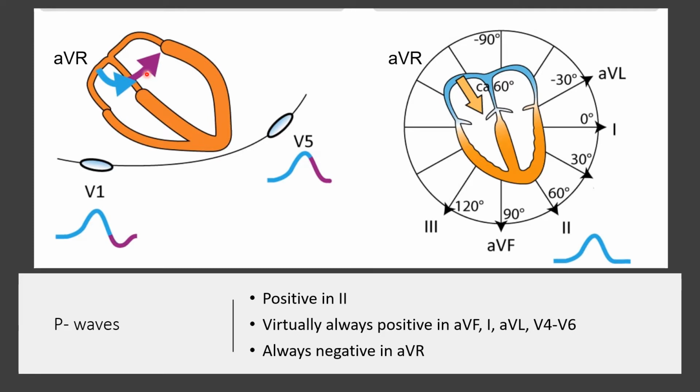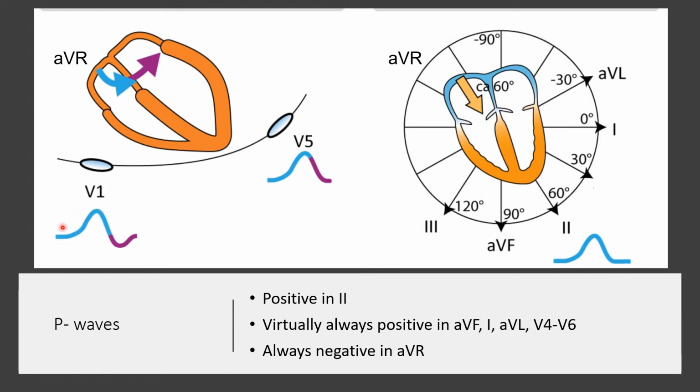The two important leads that can actually discriminate between the right atrial and left atrial depolarization are lead V1 and then lead 2. In V1, the right atrial depolarization comes towards V1, as you can see here, because the right atrium is just underneath V1, and therefore you see a positive waveform in V1, as represented by this blue part of the P wave.